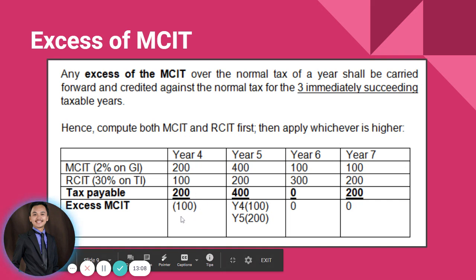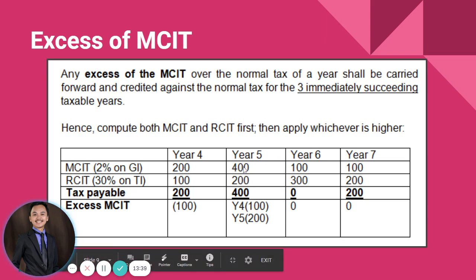Again, based on the concept presented earlier, this excess MCIT can be used as tax credit for year 5, 6, and 7 if and only if the tax due for year 5, 6, and 7 is coming from RCIT. Okay? If it is not RCIT, then you cannot use this excess MCIT of 100,000 as tax credit.